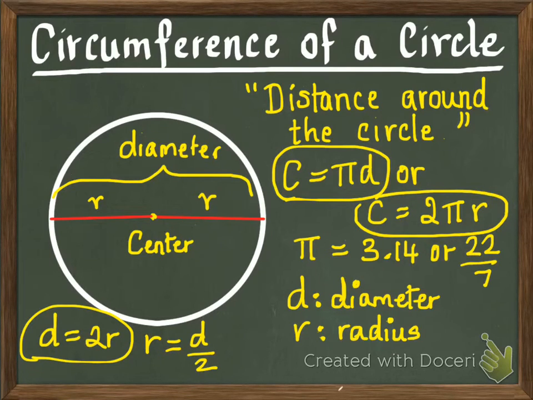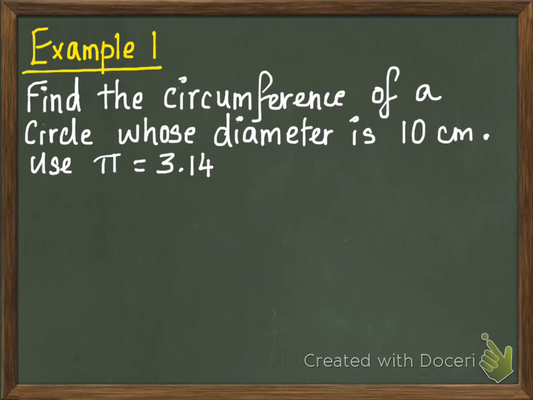Now let's look at an example problem. Let's say the question is, find the circumference of a circle whose diameter is 10 centimeters. And the question asks you to use pi to be equal to 3.14. We will begin to write the formula that we will use first.